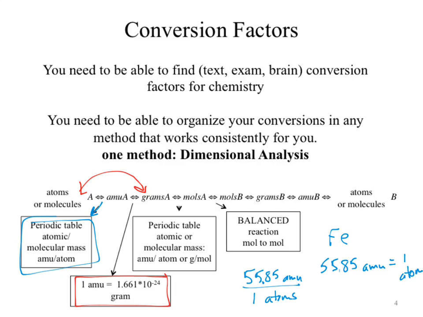You have to go through AMUs first. You have to have some type of conversion factor to get you there. Much the same thing when we looked at micrograms to milligrams. Okay? We don't have a direct conversion between those two, so what do we have to do? We go through an intermediary. What's that intermediary? Grams. Same thing's happening here.